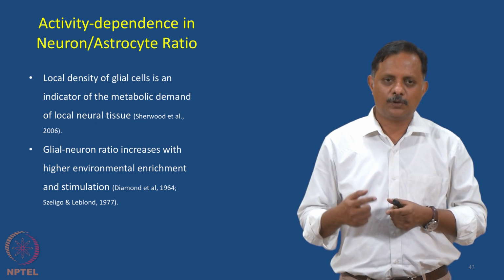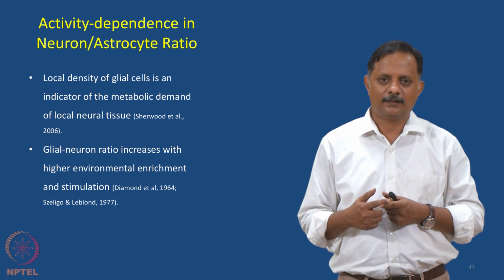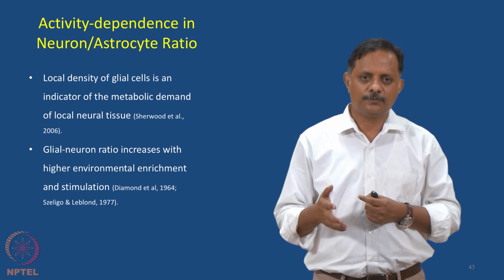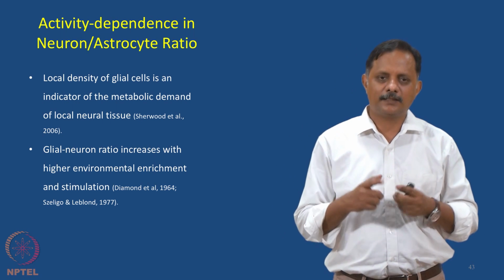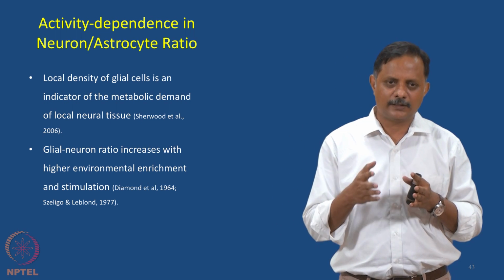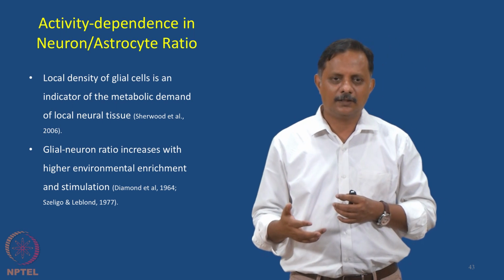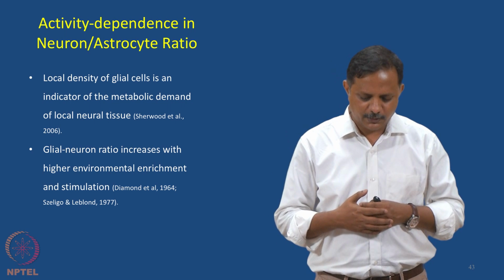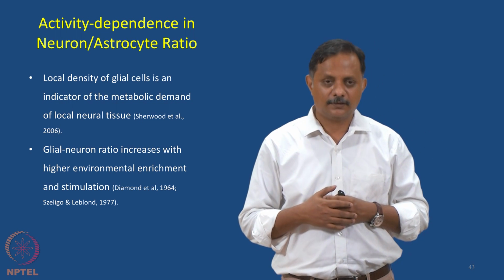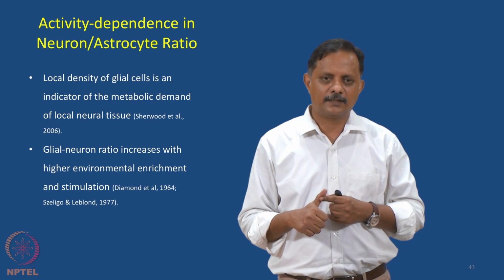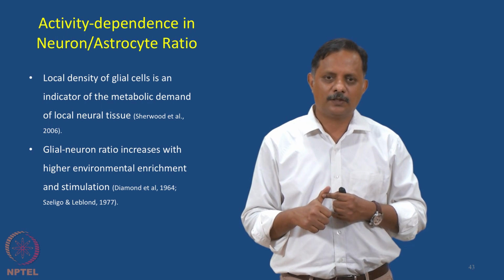One more thing is that there is this activity dependent neuron astrocyte ratio. We have shown in the model that unless the glial layer or astrocyte layer is sufficiently large, the network could not learn to respond to the patterns. Is there any evidence for that? Yes. Here are two studies which we are quoting. For example, local density of glial cells is an indicator of the metabolic demand of the local neural tissue.